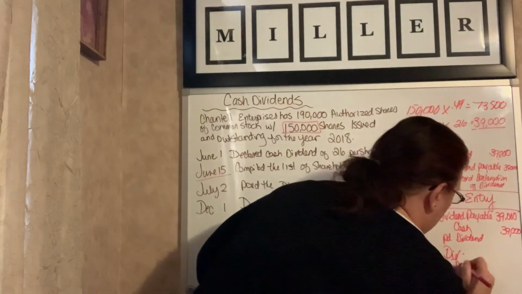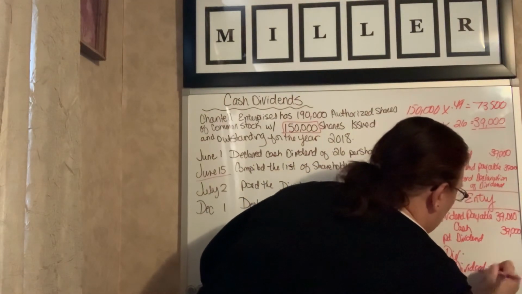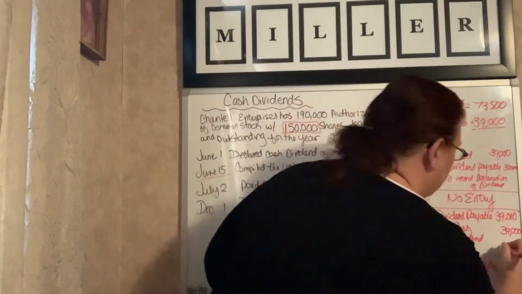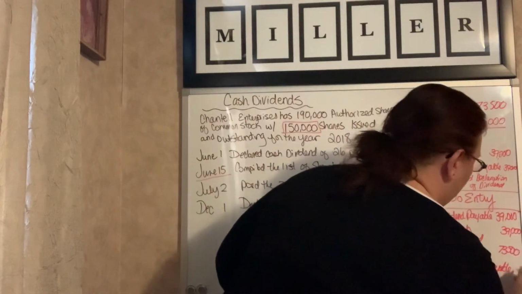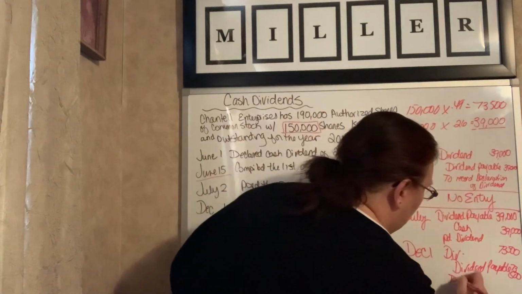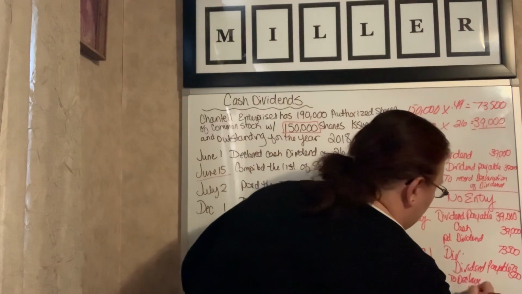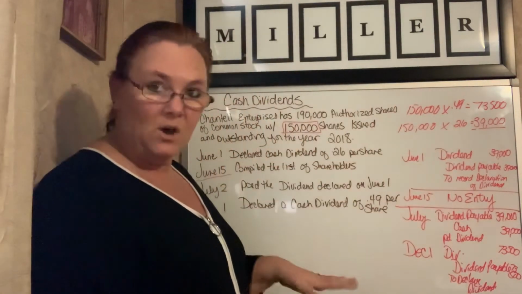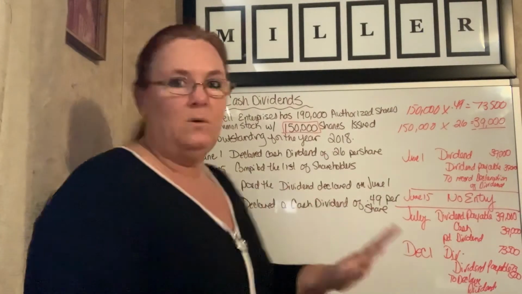Dividends and dividends payable, which is an IOU, which is a liability. And there's your amount, 73,500, to declare dividend. Again, I'm going to take these off of your test, but we are going to test on them.